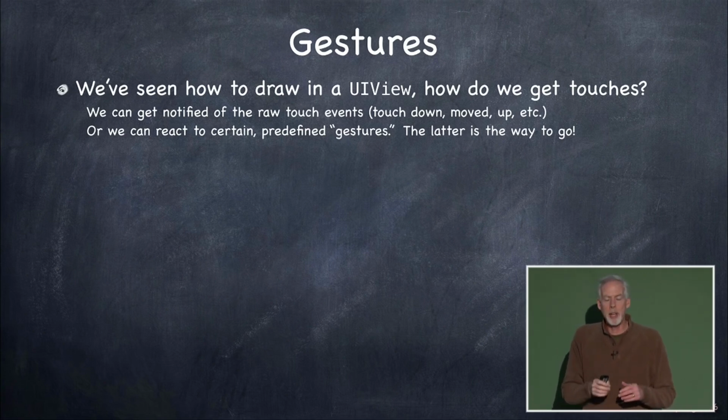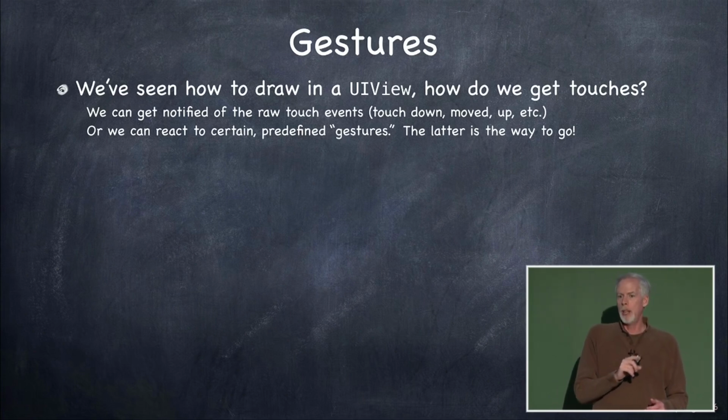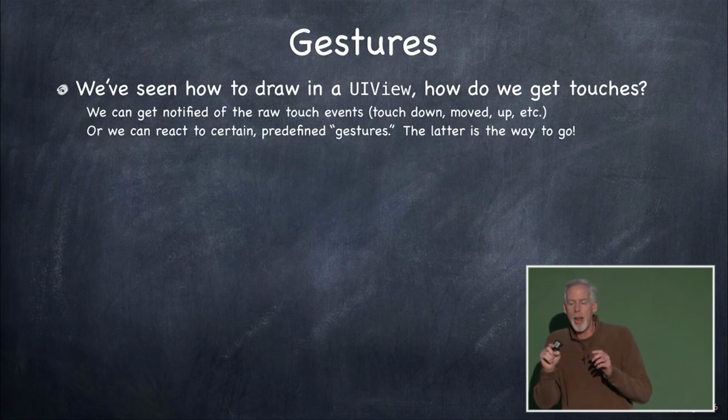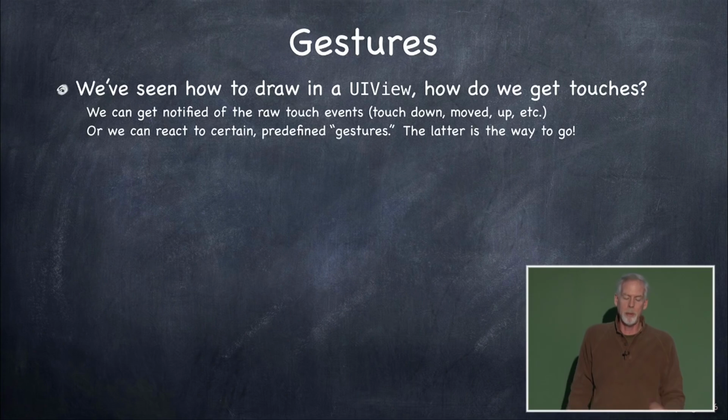The great thing about that is a swipe is exactly the same thing in every single app. Okay? It's like, you know, the speed of swiping and how far you have to swipe, all that's exactly the same in every single app because every single app is using these gestures. Okay, if you had to do your own swipe, well, you know, did the person swipe fast enough or was that a pan? You'd have to do all that logic yourself. It would be a pain in the neck and it would be inconsistent between applications.